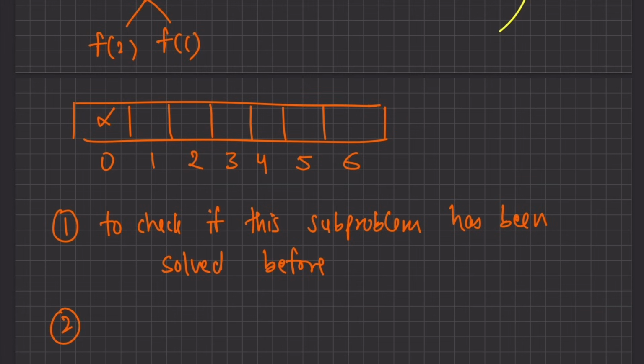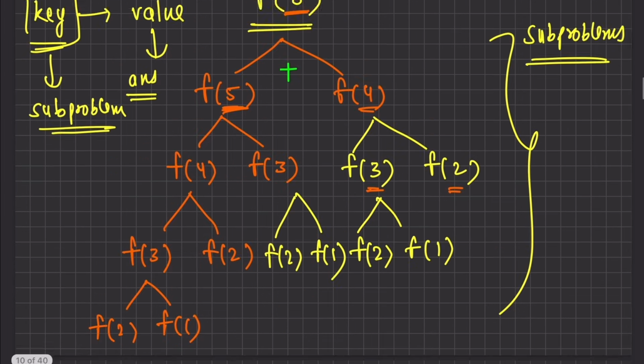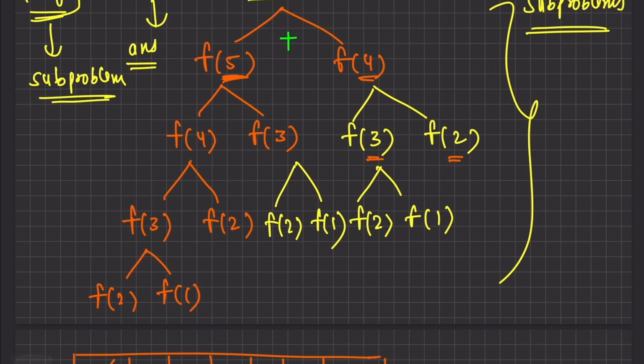And second thing is to update or retrieve the value. See, in this array, you first of all need to check whether this value has even been calculated before or not. Because if you come to this f of 3 for the first time, you know for a fact that it hasn't been calculated before. So there has to be a mechanism which will determine that this value hasn't been calculated before.